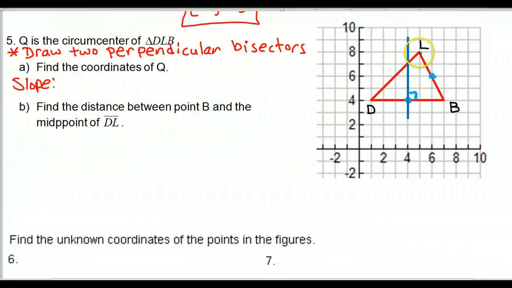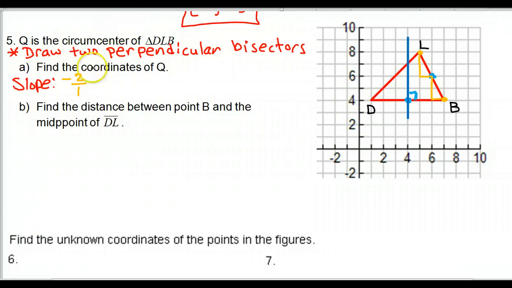As I go from one point to the next, these are all nice even points along this side, the rise is -2. So it's down 2, right 1, down 2, right 1. So the slope is -2 over 1. That's the slope of LB.